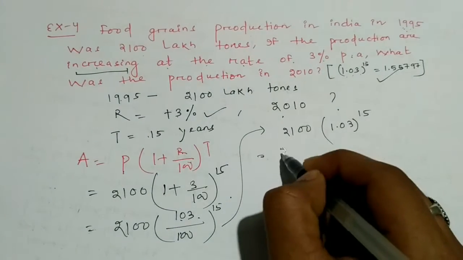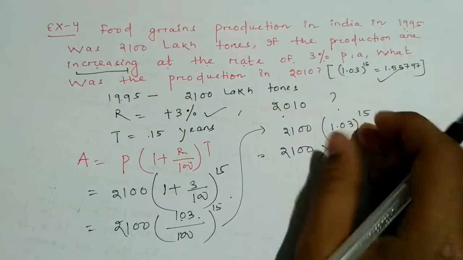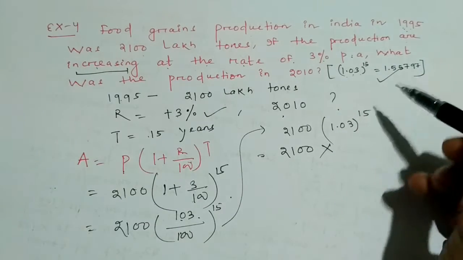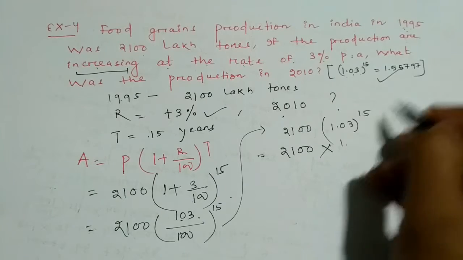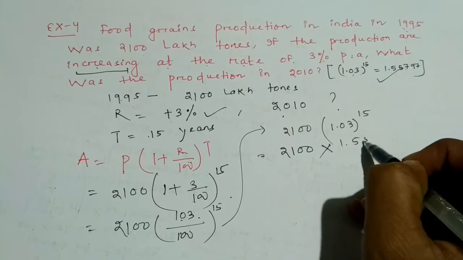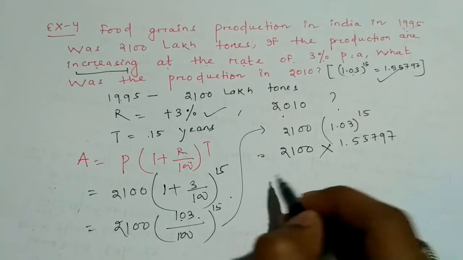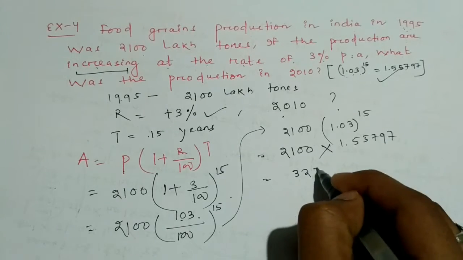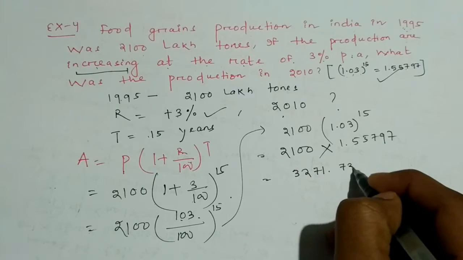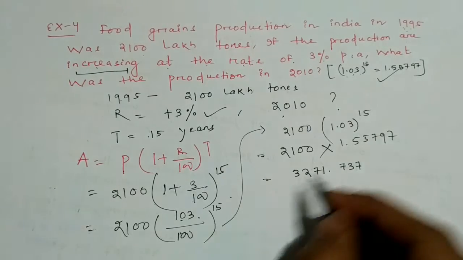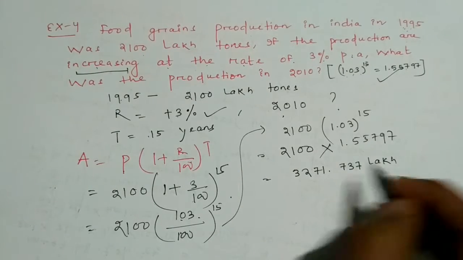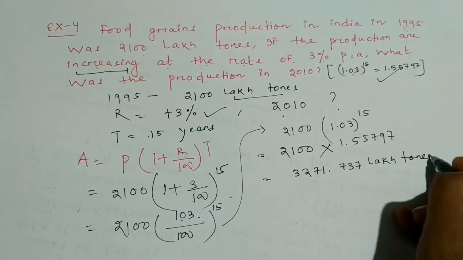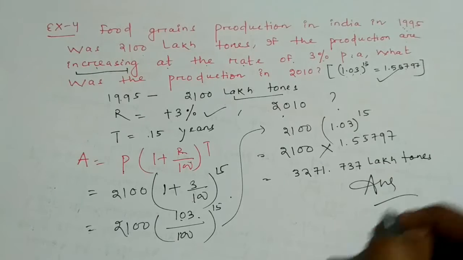So just put the value: 1.03 to the power 15 is nothing but 1.55797. Fine. So multiplying all this, we get 3271.737 lakh tons. Because it is already given in lakh tons, we have to write lakh ton. This will be my answer.